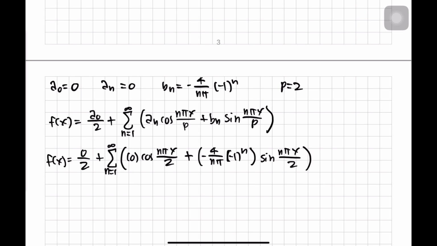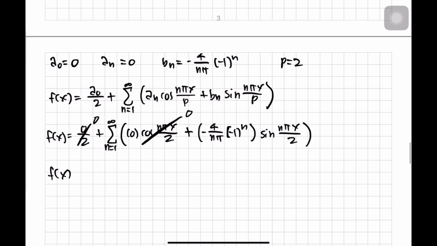So automatically that's 0 divided by 2. As we all know, that's 0. And this is also 0. Okay, so what we'll have left is just the summation, the negative 4 over n pi negative 1 n sine n pi x over 2.